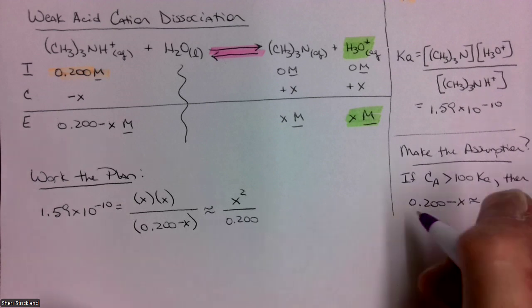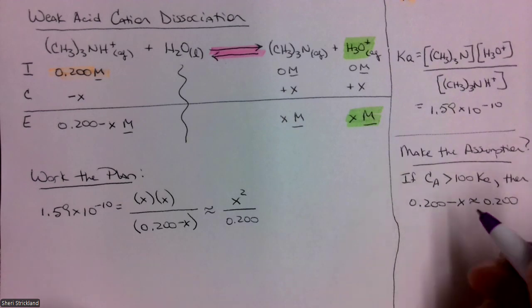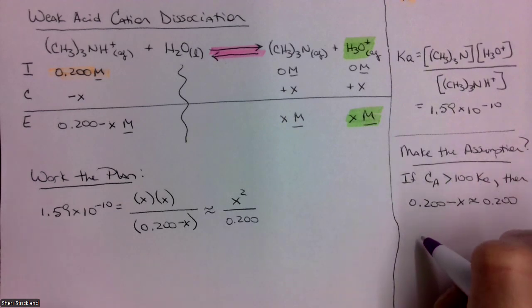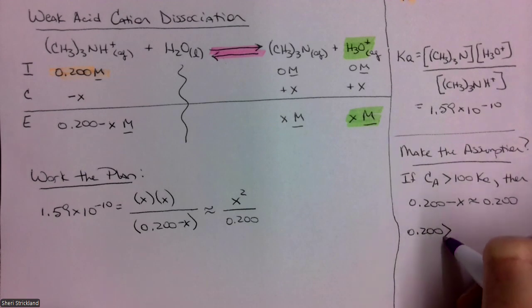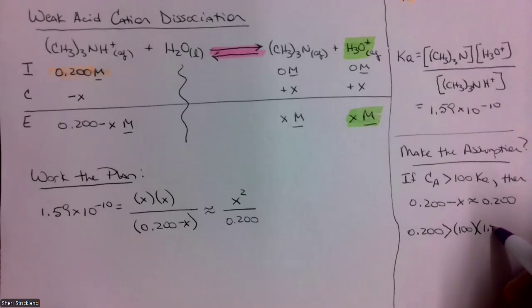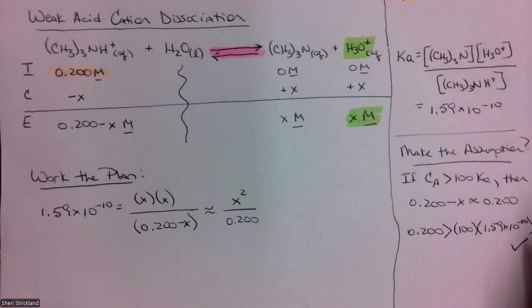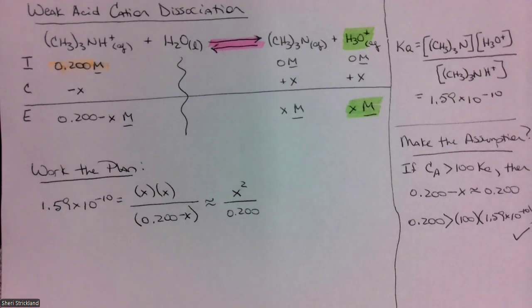All right, welcome back. So what have we got? We've got 0.200 for the analytical concentration and 100 times the Ka value, which is 1.59 times 10 to the minus 10. So we're good because this side is going to be 1.59 times 10 to the minus 8. All right. Excuse me for that.